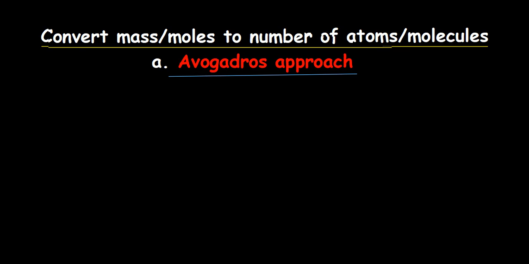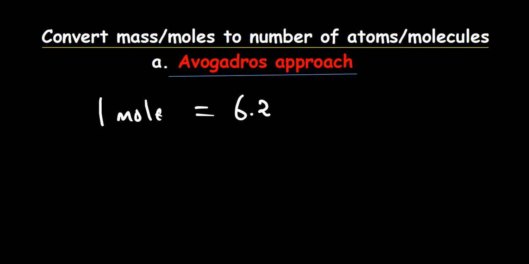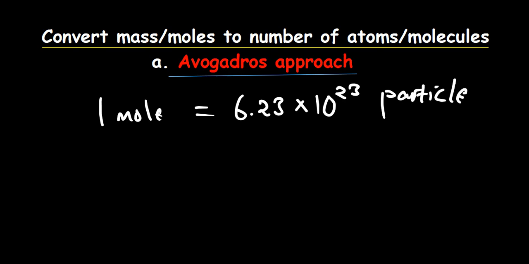Approach. What does this rule state? This rule states that 1 mole of anything contains 6.23 multiplied by 10 to the power 23 particles. That's what the Avogadro's approach states.